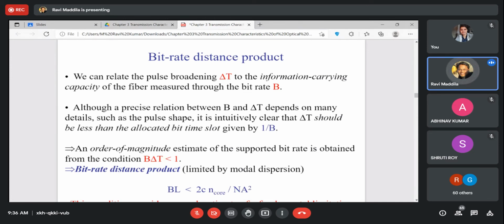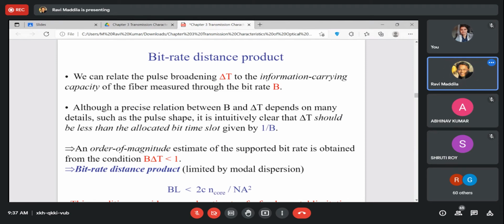The bitrate distance product is a very important parameter, usually checked whenever a commercial point of view is needed.